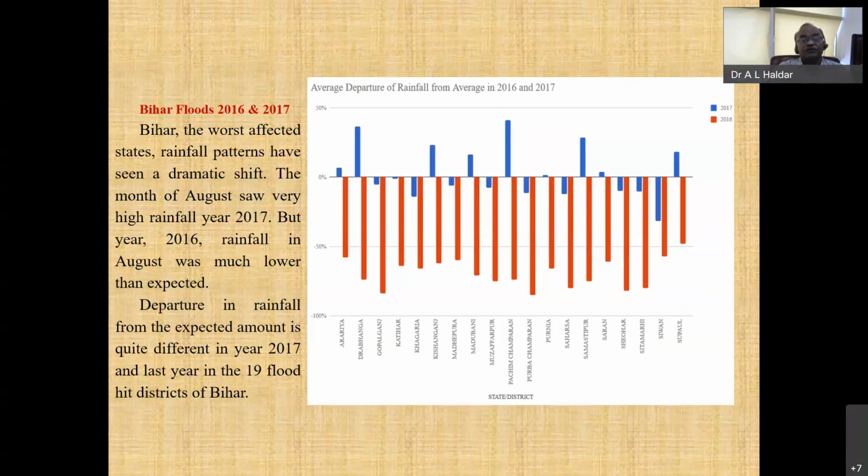So in 2016 in Bihar, what happened? That was the less rainfall. It means the red color because of the minus. In that year, mostly the northern part of Bihar was affected, not the central part. Similarly, immediately after that in 2017, you see the blue color, that is excess rainfall.